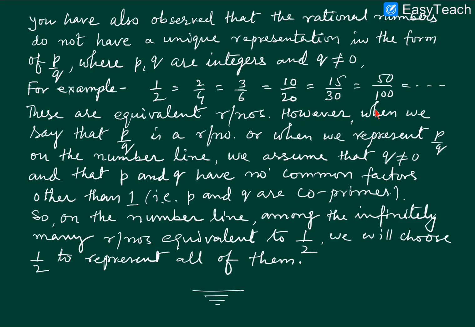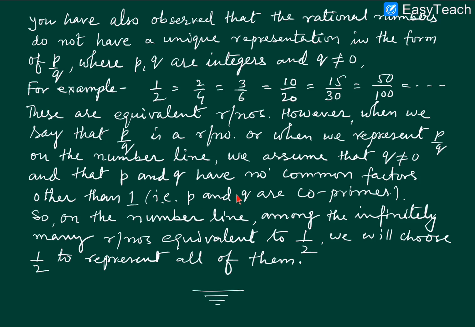However, when we say that p by q is a rational number, or when we represent p by q on the number line, we assume that q not equal to 0 and p and q have no common factors other than 1.